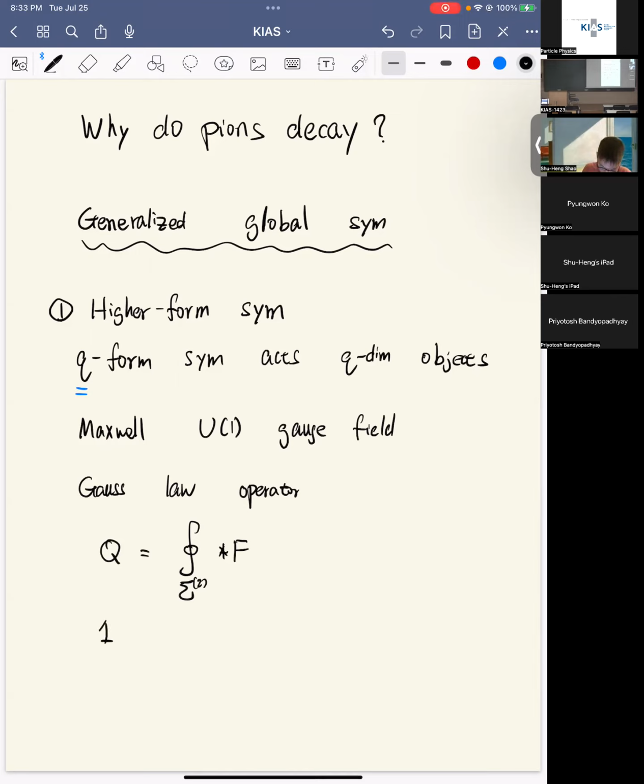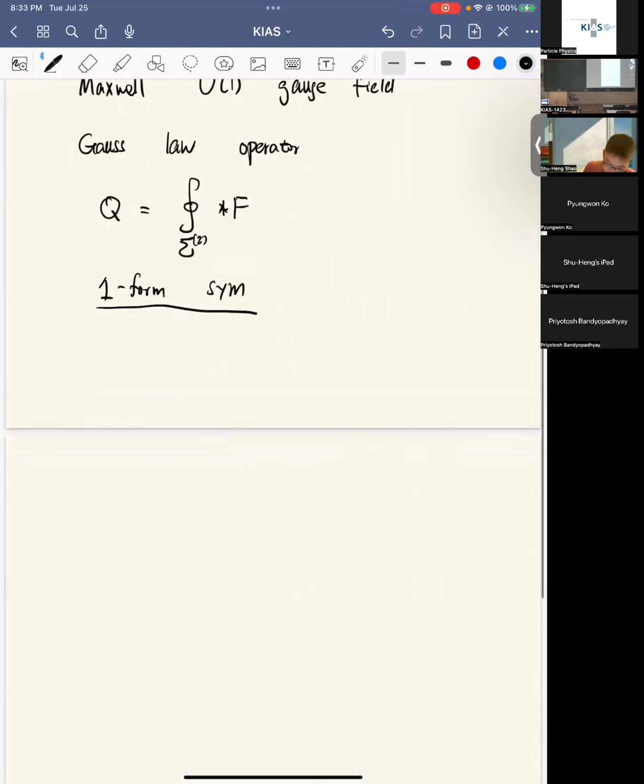In this case, it's called a one form symmetry. And the objects it acts on are the Wilson lines.